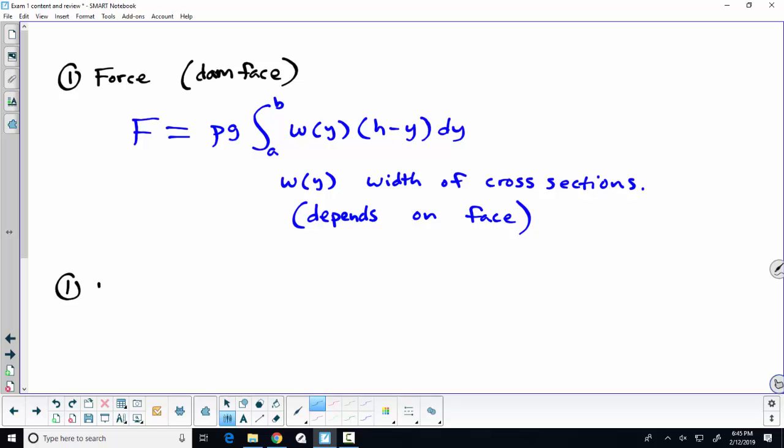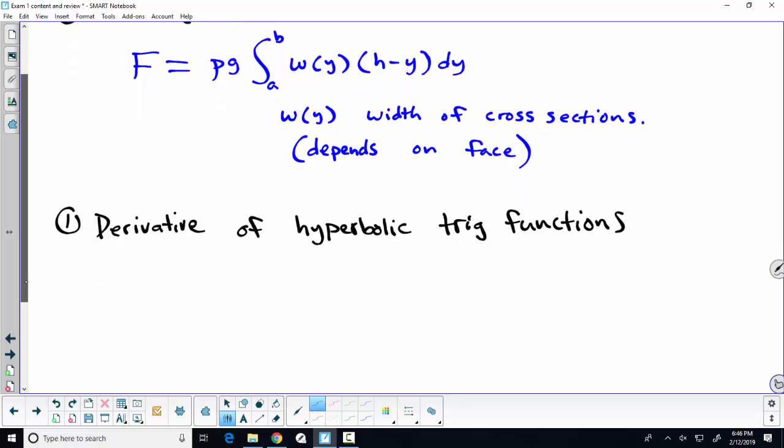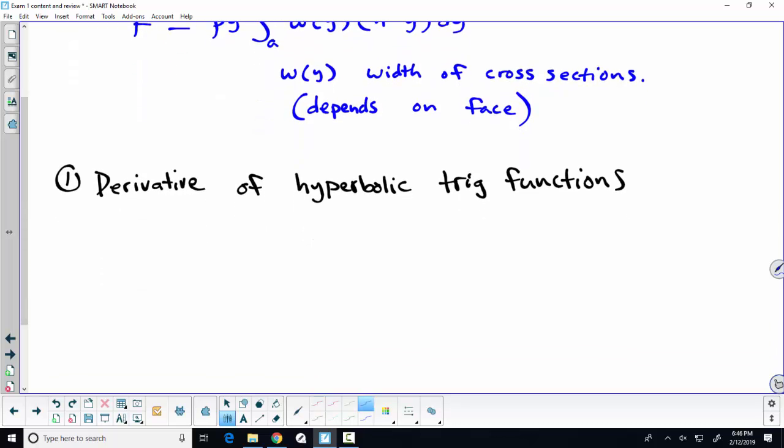One question for the derivatives of hyperbolic trig functions. You should know the definition of hyperbolic sine and hyperbolic cosine.